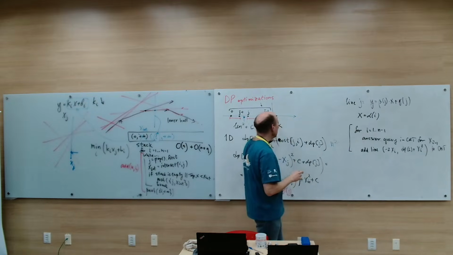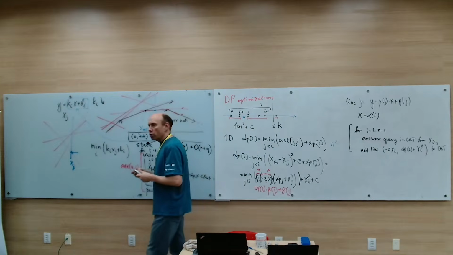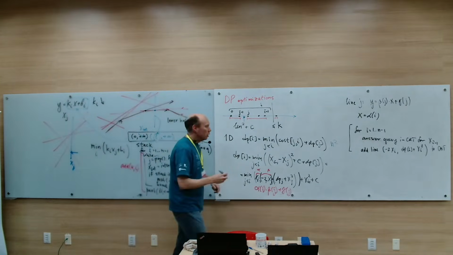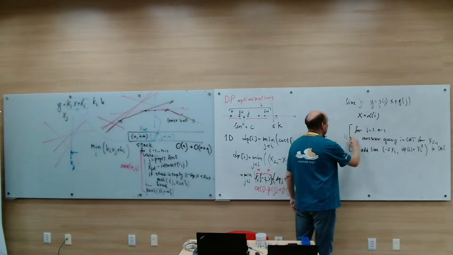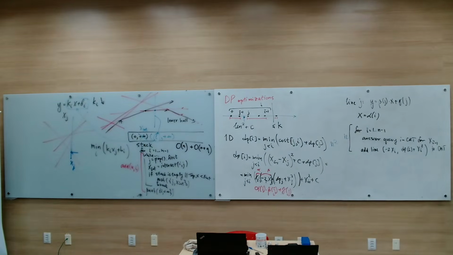If we ignore sorting, for example, if points are already given in sorted order, then that would be linear time, because both answering a query using the pointer and adding a line using the stack work in amortized constant time. Well, okay.